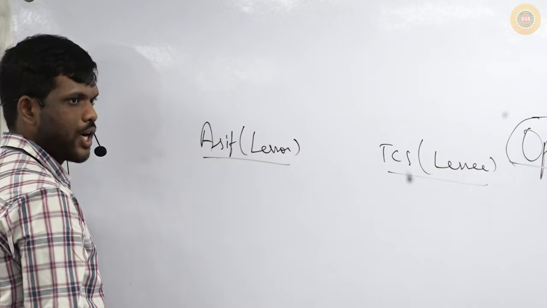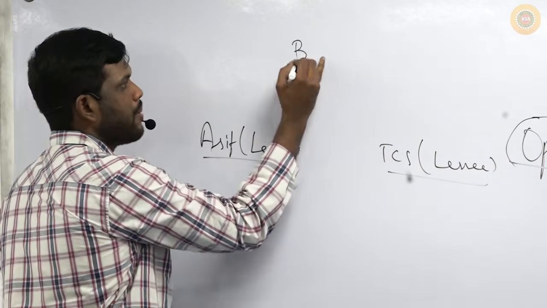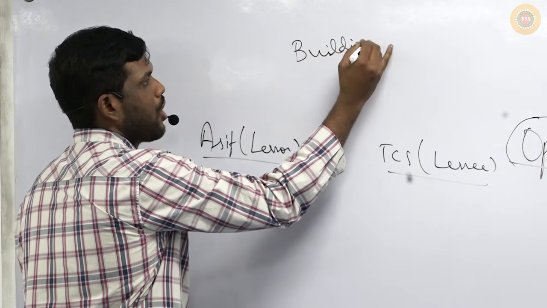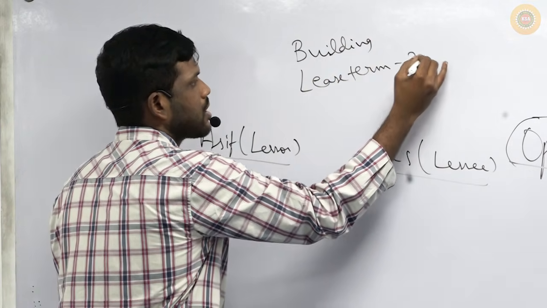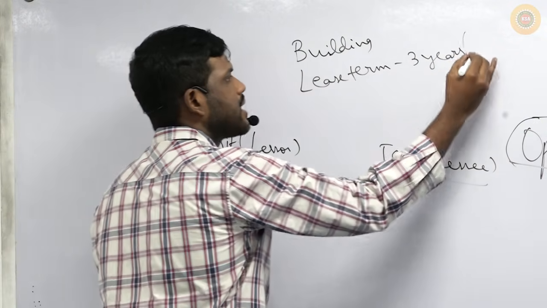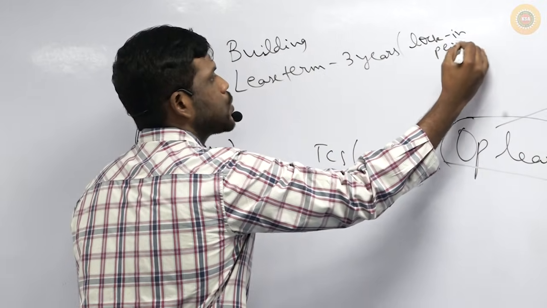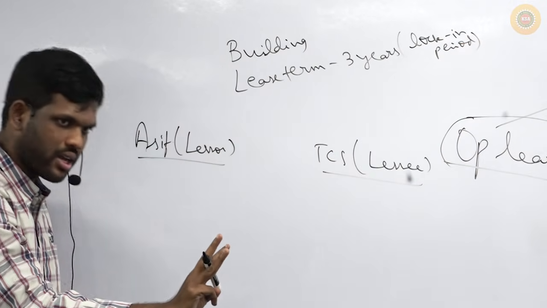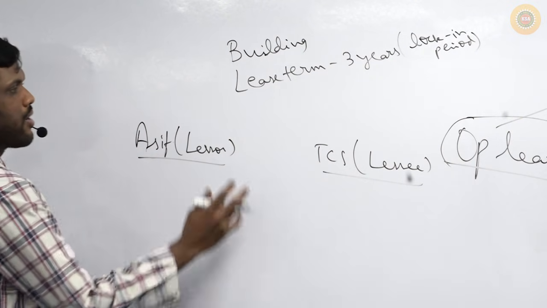We have entered into a lease agreement whereby Asif is giving me a building on lease for 3 years. This entire period is a lock-in period. So the agreement term is 3 years, and the lease term also is 3 years.